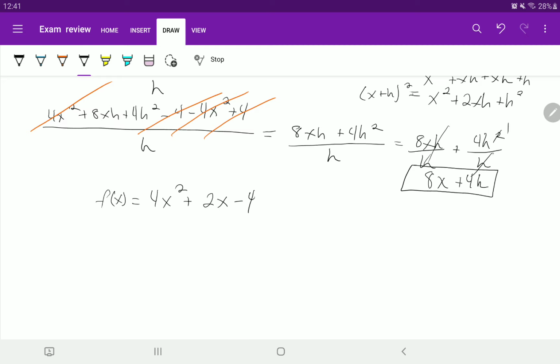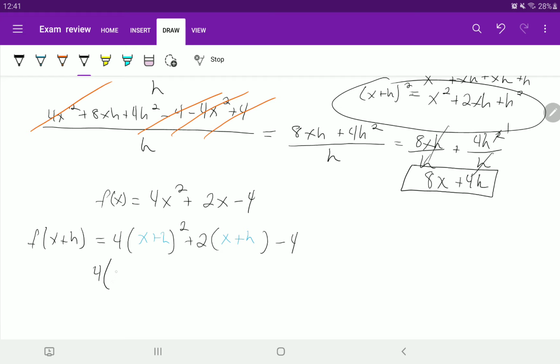So that'll be 4 open parentheses squared plus 2 times open parentheses minus 4. Inside of each, I'll place an x plus h. Once again, x plus h, that quantity squared, is x squared plus 2xh plus h squared. Keep that in mind as what I did previously.